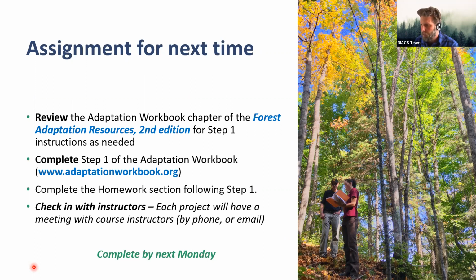So do review that step 1 instructions in the workbook, and then get into the adaptation workbook website and start tooling around and get those goals and objectives put in there.